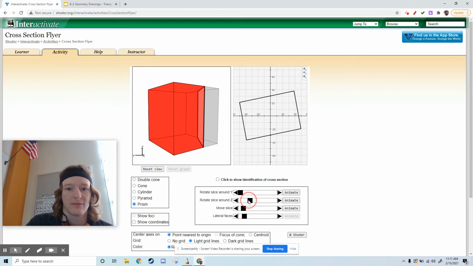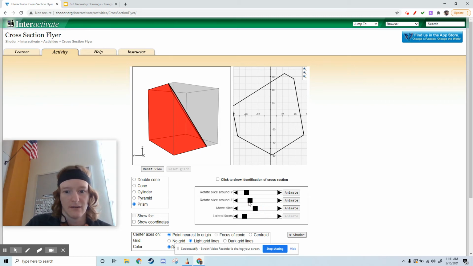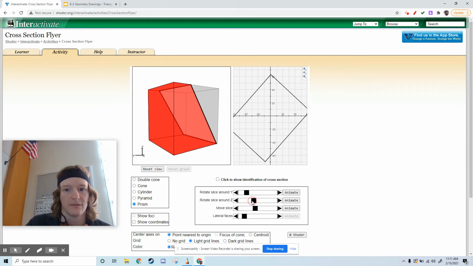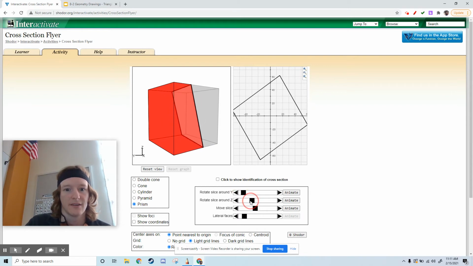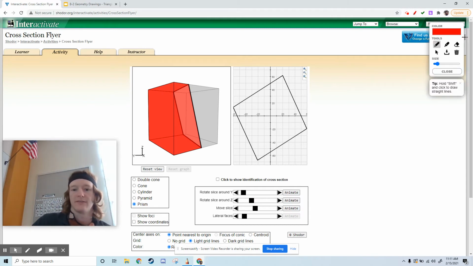So it's going to be slightly angled, and let me see if I can get it perfect. So angled there, a little bit angled here, and here's our shape. Notice that I do not have a right angle right here.